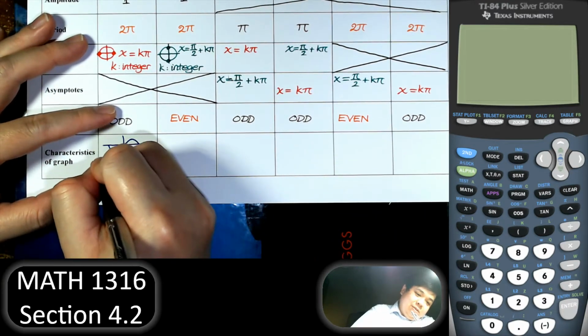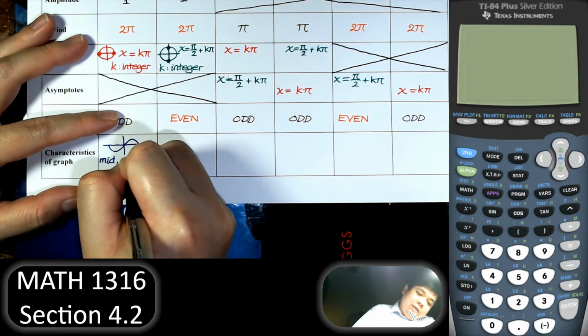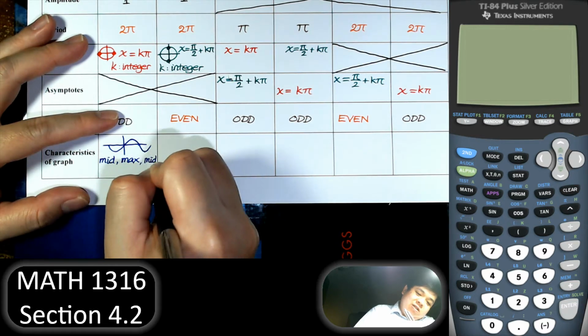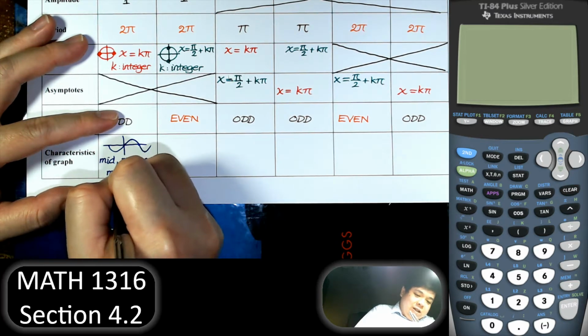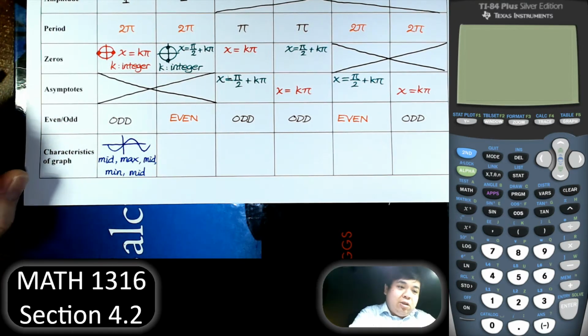So middle, max, back to middle, go to min, and then go to middle. So that is the pattern of sine.